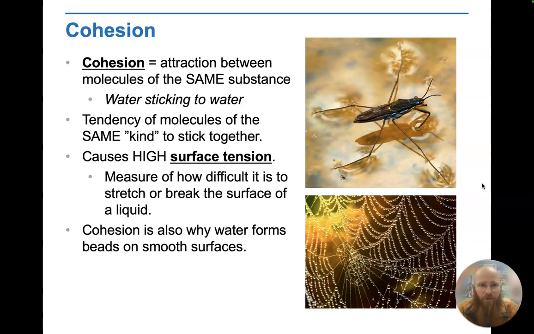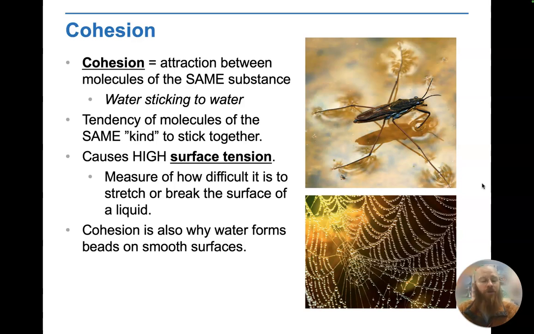The first unique property of water is referred to as cohesion. Cohesion is that attraction between molecules of the same substance. So in this case, the example would be water sticking to water, right? It's the way that water molecules attract and hold together with each other. This is the tendency of molecules basically of the same kind to stay together.